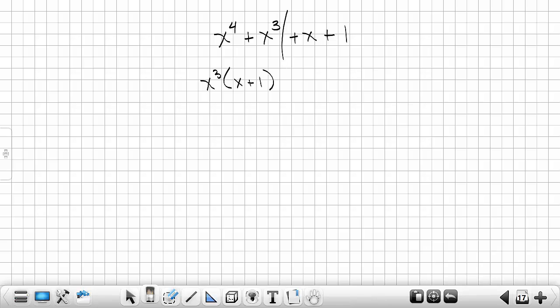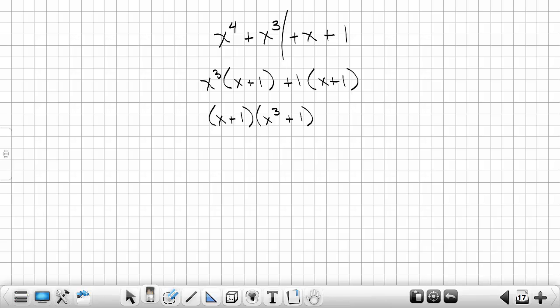What can I factor out of the other two things? 1. What can I factor out of each thing? When I factor x plus 1 out of this, what's left? When I factor x plus 1 out of this, what's left? Am I done?